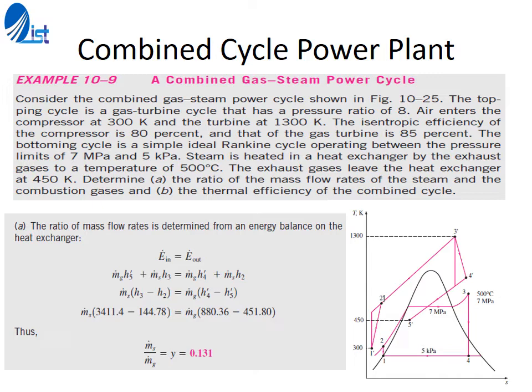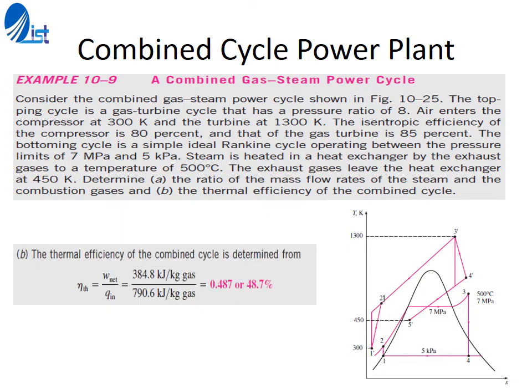By rearranging the above equation and putting in all the known values, two things will be unknown, m dot s and m dot g. So m dot s divided by m dot g represents the ratio of the mass flow rate of the steam and the combustion gases. Here it comes out to be 0.131. So this was our finding A, the ratio of the mass flow rate, which was represented by Y, and its value was calculated as 0.131.